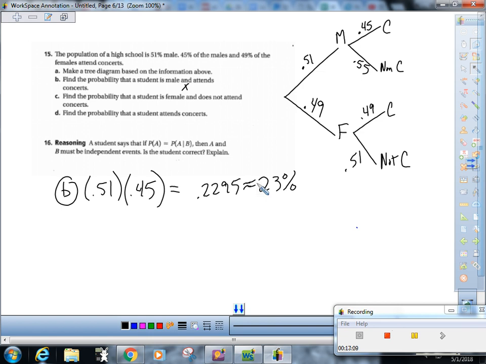About 23%. Okay. What is the probability that a student is female and does not attend concerts? So that's going to be 0.49 times 0.51. Maybe just a little bit higher than that.